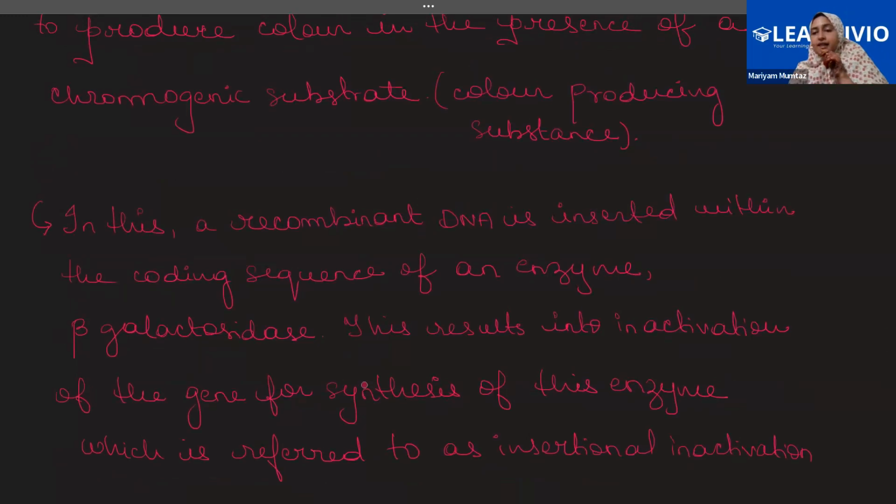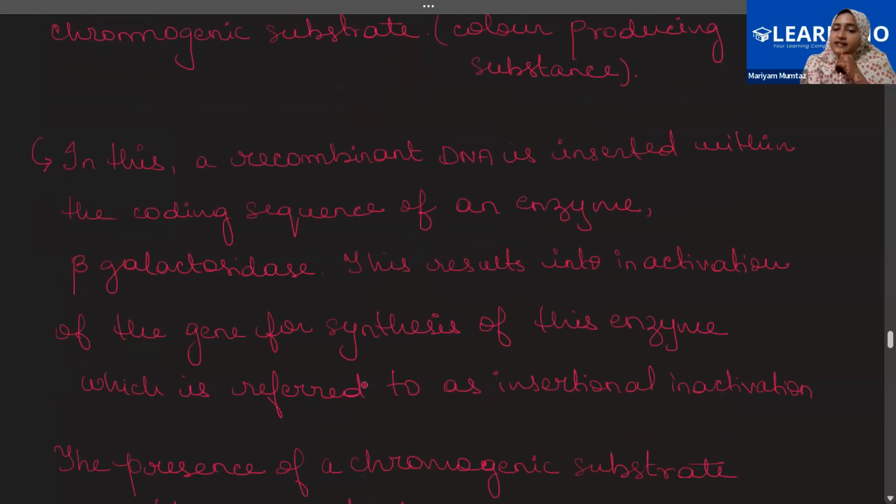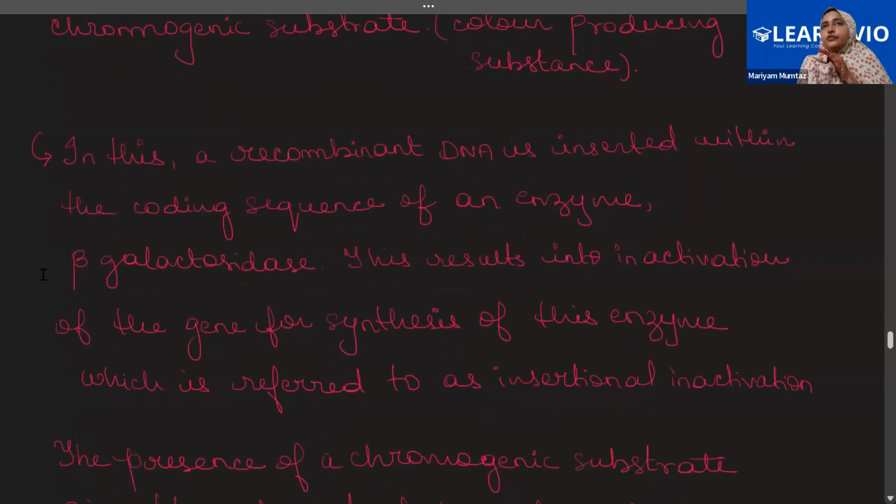When you put the alien DNA or a recombinant DNA into the vector, then the enzyme beta-galactosidase will get inactivated. Because of this very reason, the inactivation of the gene for synthesis of the enzyme because of the insertion of a foreign DNA into it will be called insertional inactivation.